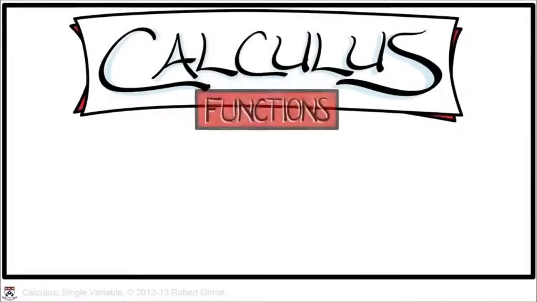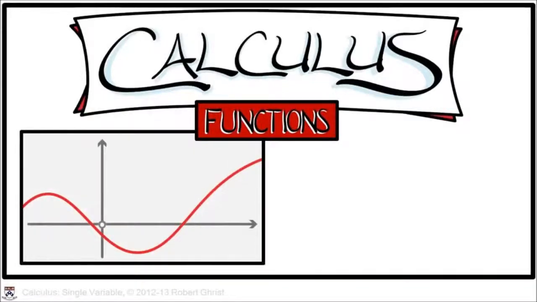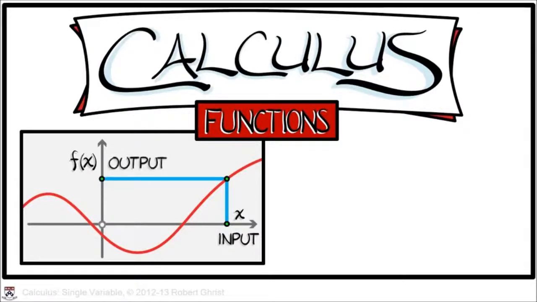Calculus is all about functions, and indeed, that is where this course begins. Now, you're probably used to thinking about functions in terms of their graphs that pair x with f of x for a function f. One can also take a more mechanistic view, where x is considered as an input to f, and f of x is considered as the output.